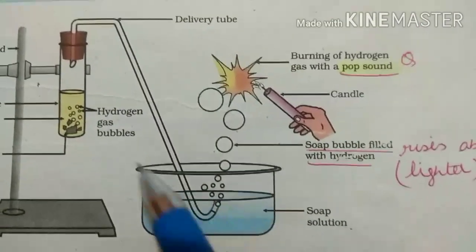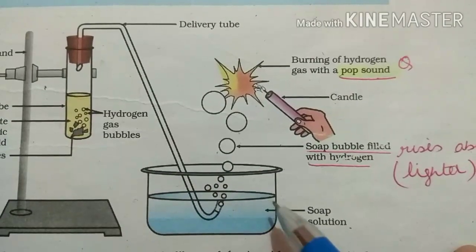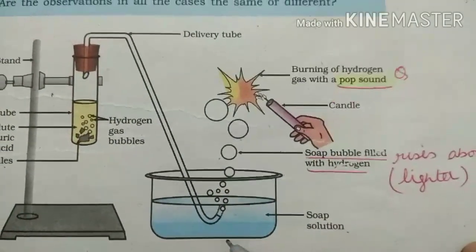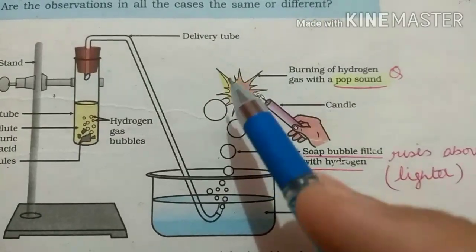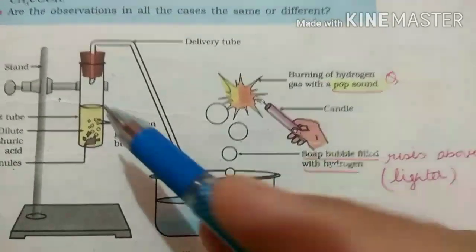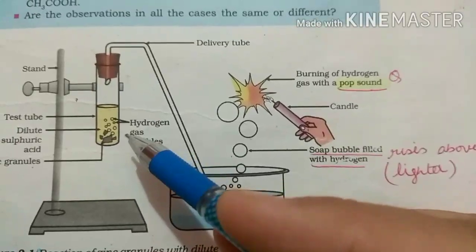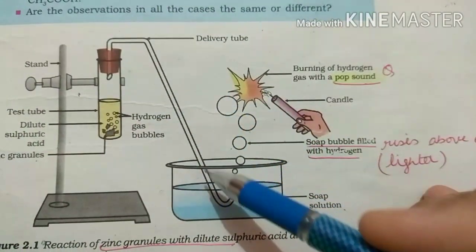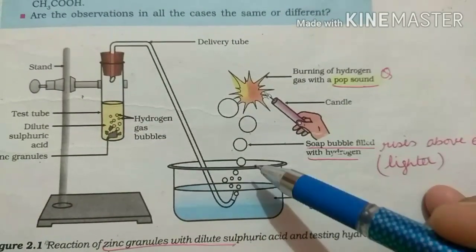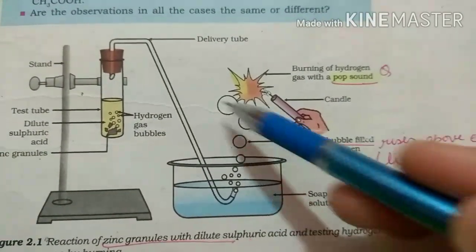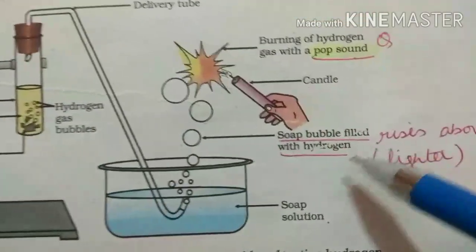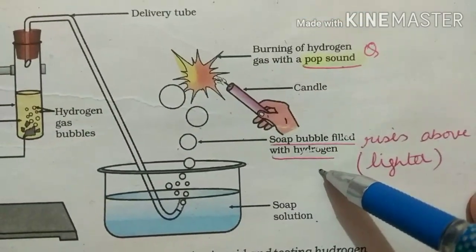Because when any gas enters into soap solution, small bubbles will be formed and these bubbles will rise upward. When this reaction is being performed, hydrogen gas enters into the delivery tube and comes out here in the form of soap bubbles.